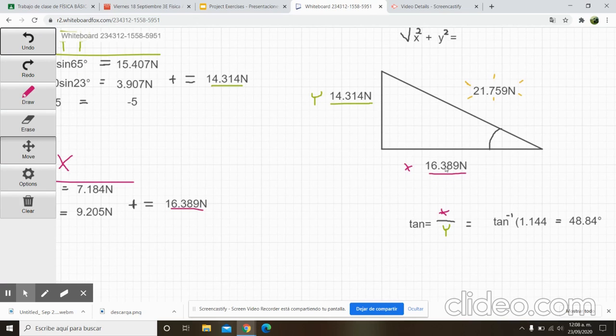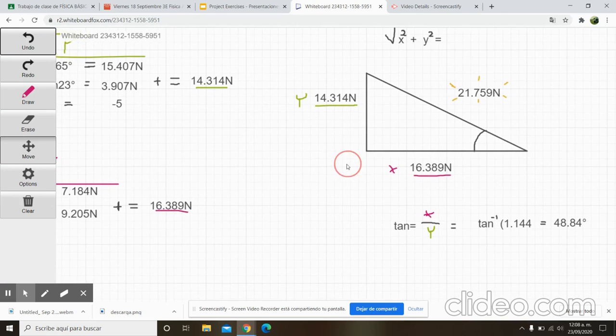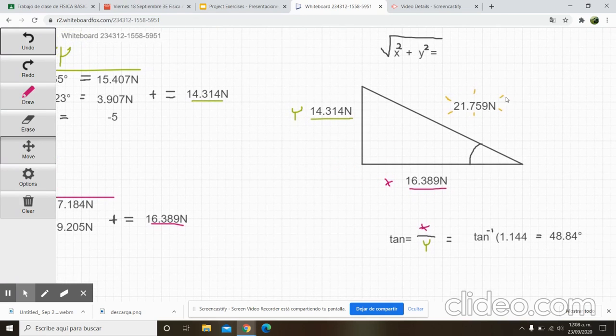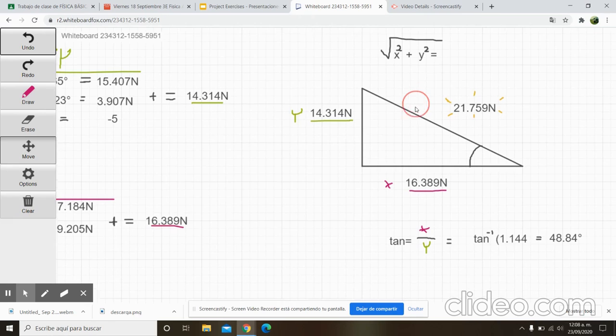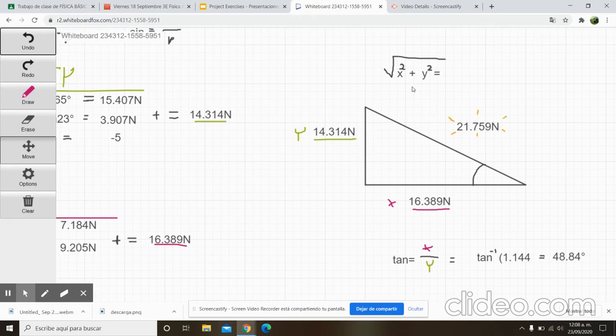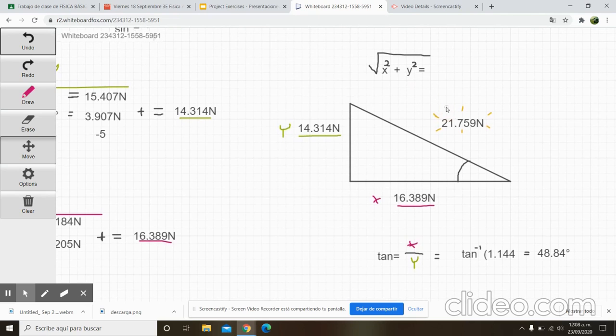In order to get the hypotenuse, which is the final force, we need to use the Pythagorean theorem: x squared, 16.389, plus y squared, and if we type it in the calculator we're going to have this result.